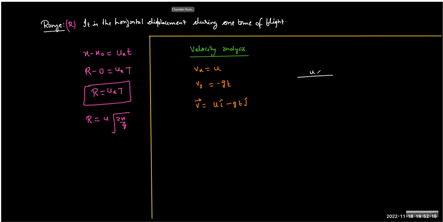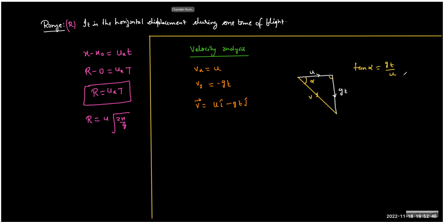This is your u, this is your gt, and this is your v. That's why this is called the velocity triangle. Do you remember this? And this is the alpha. So we can say tan alpha equals gt by u.